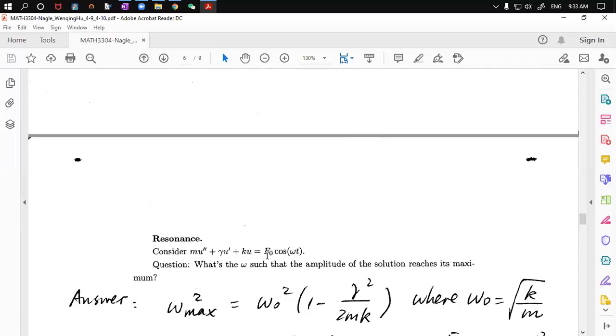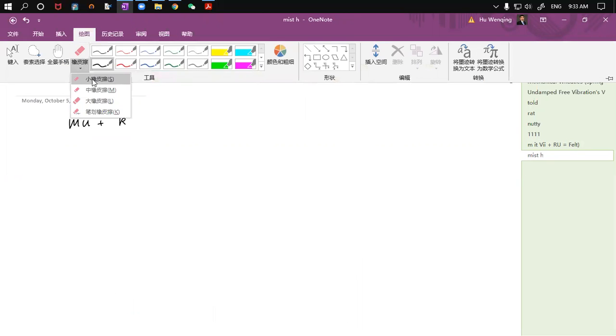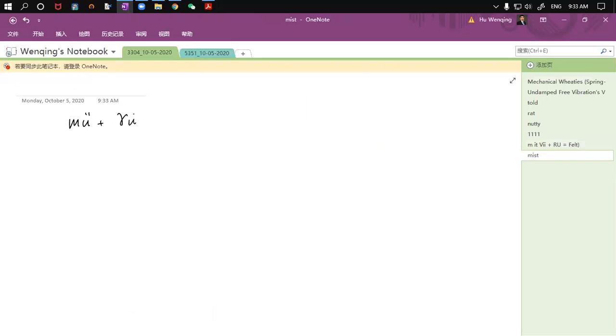So what happens here is that we're going to consider the situation m u double dot plus gamma u dot plus k u is equal to the external forcing. The external forcing is going to have an amplitude: F0 cosine omega t.